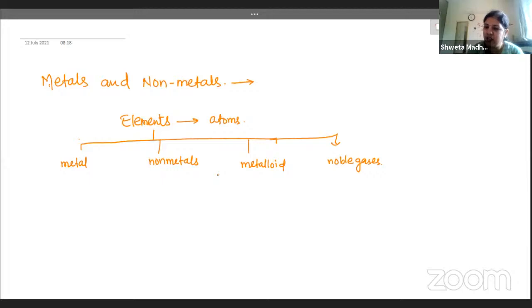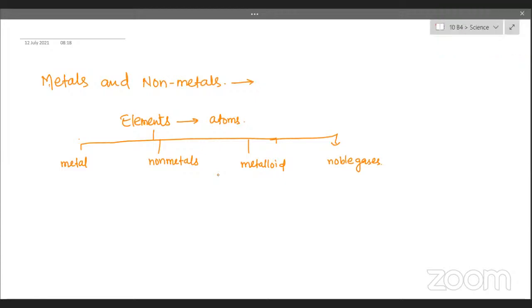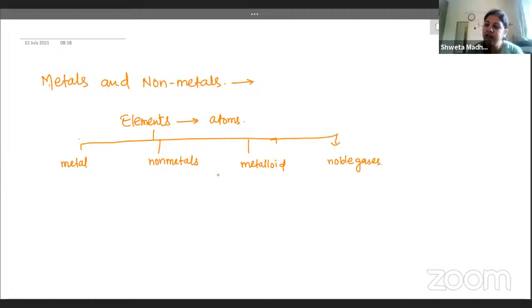But metalloids are conductors, though not as good as metals and not as bad as non-metals. So we call them semiconductors. We don't consider them a good conductor or a bad conductor. They conduct current, but under certain conditions.